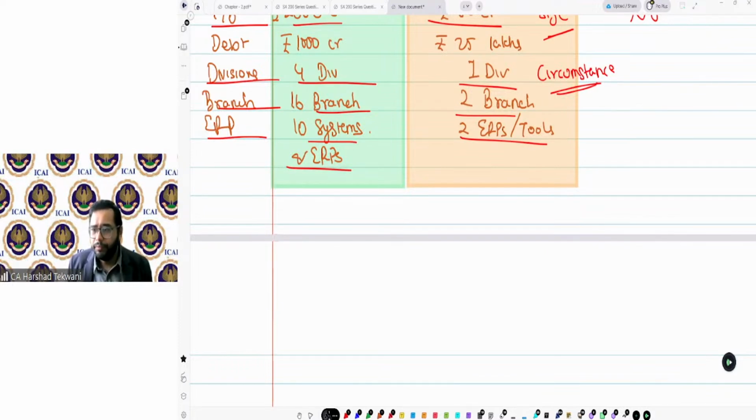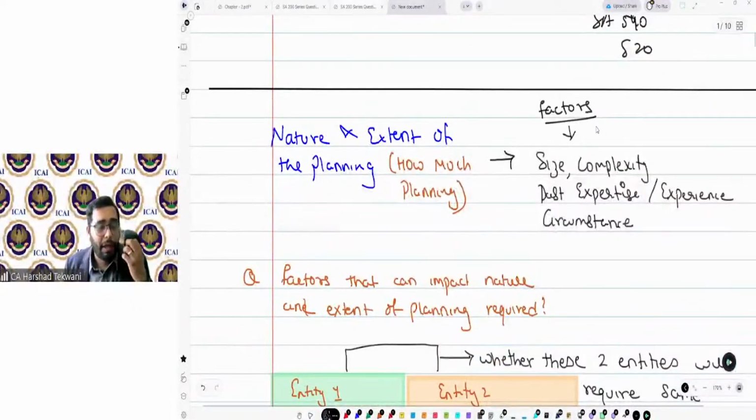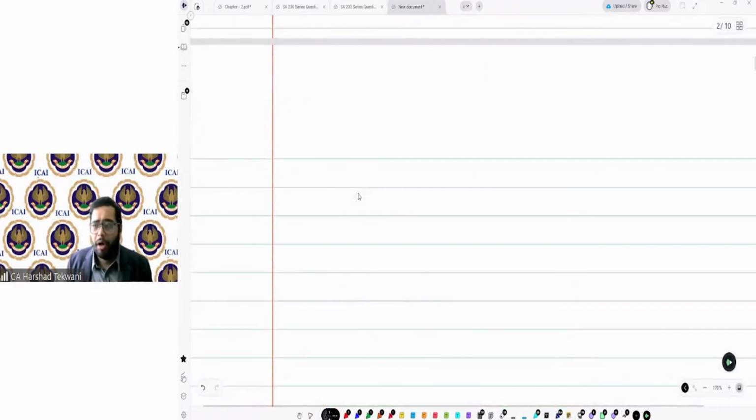Okay. So that is something I wanted to discuss about planning, how the nature and extent of the planning is affected. Okay. Now, overall audit strategy.